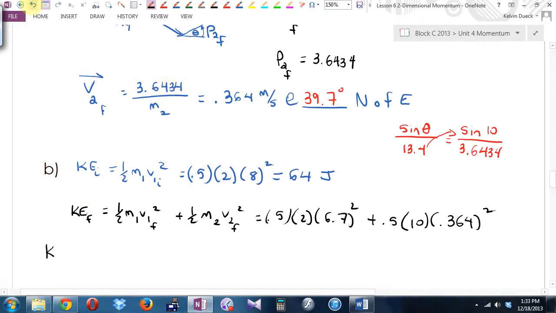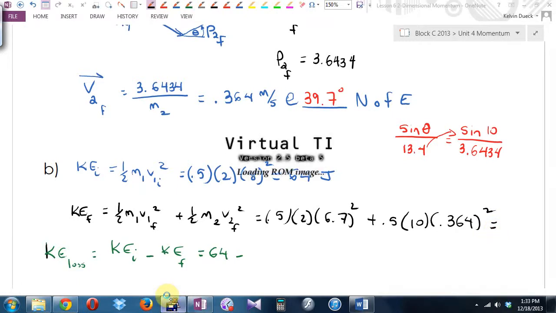Change colors, Mr. Dueck. I think the kinetic energy loss is going to be how much you started minus how much you ended up with. It's going to be 64 joules. Take away, you know what? I wrote out the equation, but I didn't actually crunch the number here.